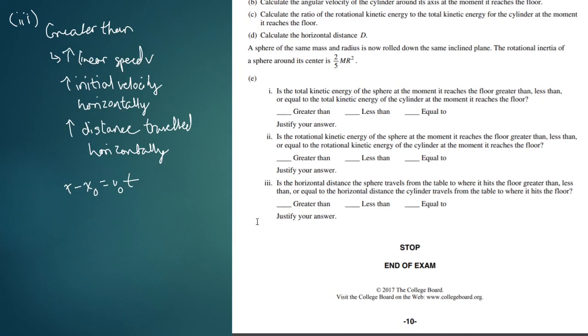So that marks the end of the AP Physics C Mechanics 2017 free response questions. I'd say the hardest one on this was honestly part E 2, the rotational kinetic energy at the moment of reaching the floor, whether that was greater than, less than, or equal to, because it involved a little bit more conceptual thinking than usual in terms of the relationship between not only linear and angular velocity, but also between total kinetic energy and its parts for the translational and rotational analogs.